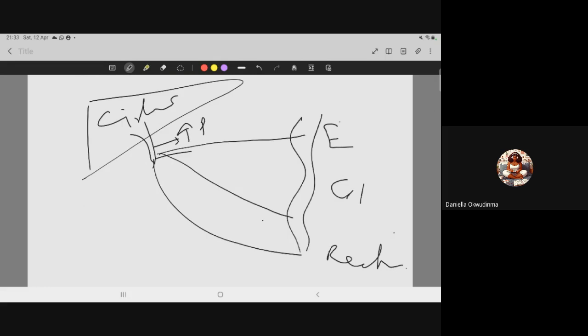It means you will transmit this pressure to these veins too. I hope this is very clear, correct? And if you transmit this pressure back to your gut veins, you can develop varices. This is a highly tested topic. They want you to understand esophageal varices. So what are esophageal varices?